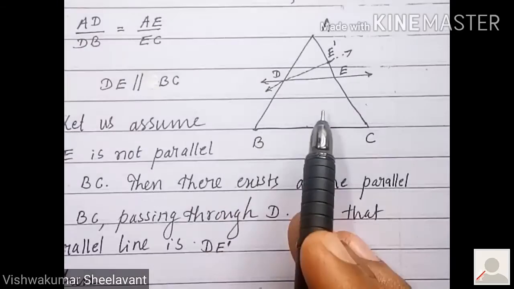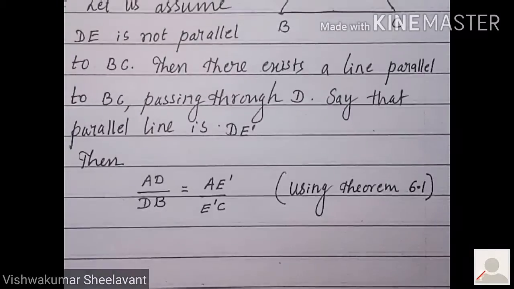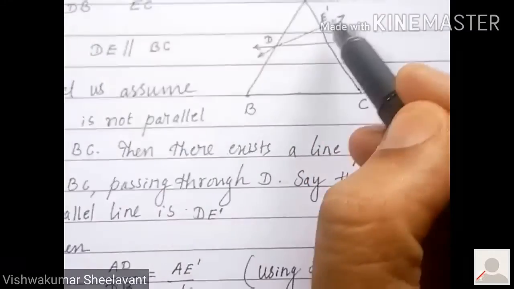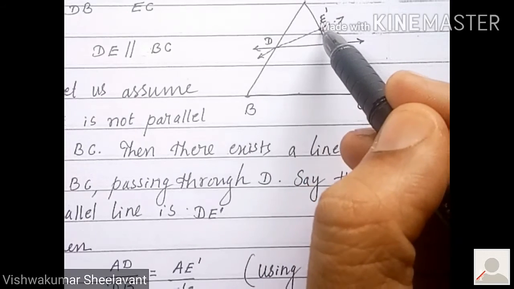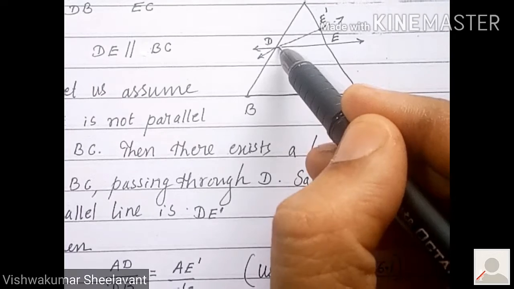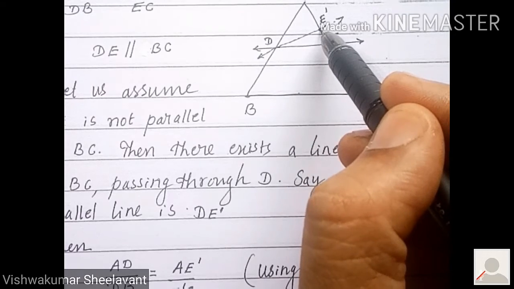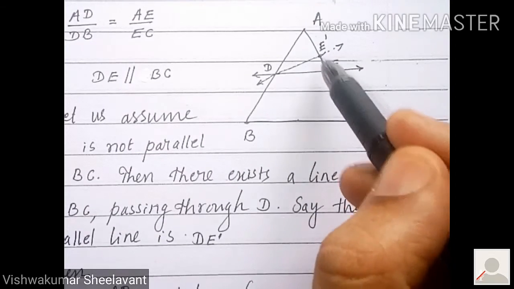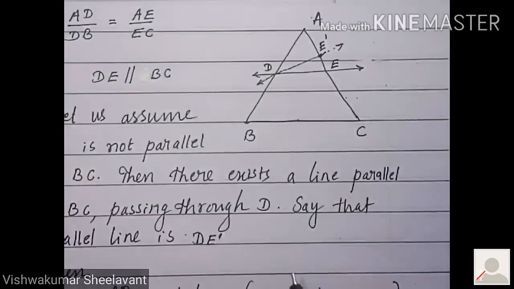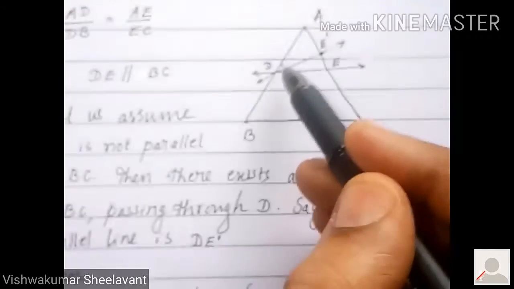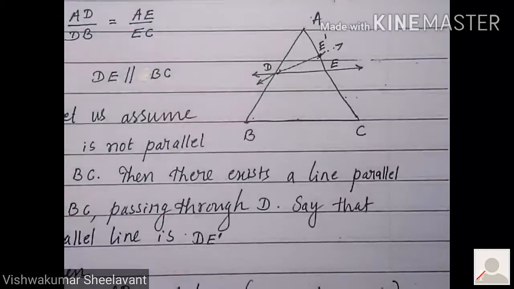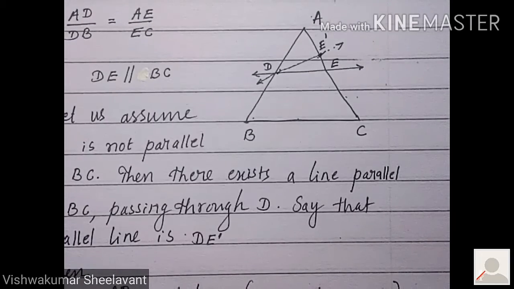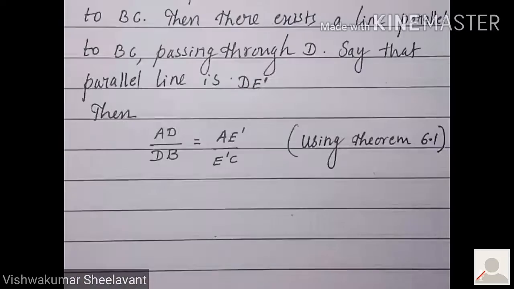We studied that. So now DE dash is parallel to BC and it is intersecting AB at D and AC at E dash. So definitely AD by DB should be equal to AE dash by E dash C. Hence we are writing it here.